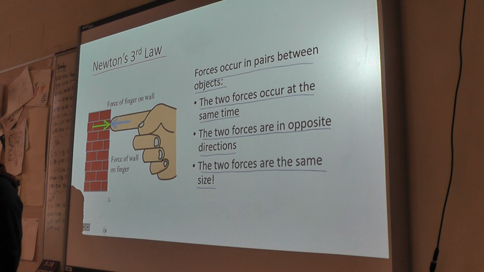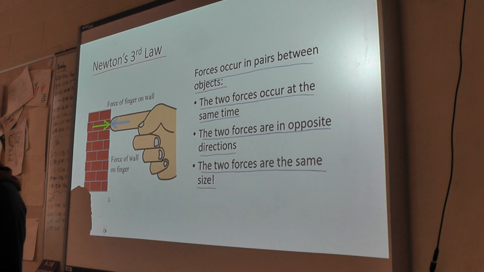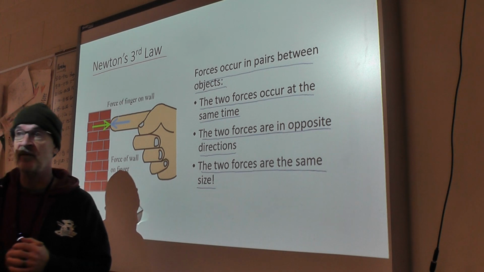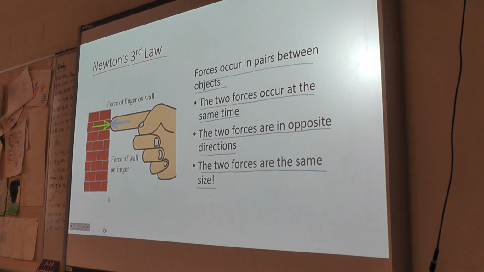And I'm pulling on the Earth with the same force. My body is pulling on the Earth's mass with a force of about 145 pounds. Every single force that exists happens in pairs, and it's really kind of cool. These are the things that we're going to be investigating with your marble machine.